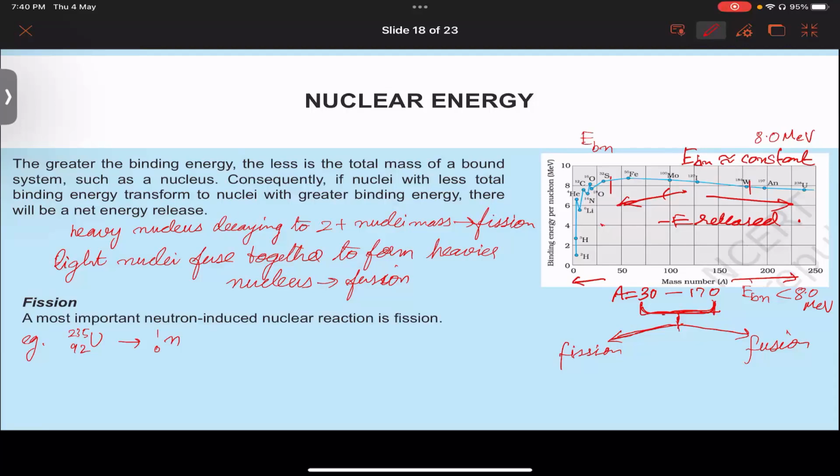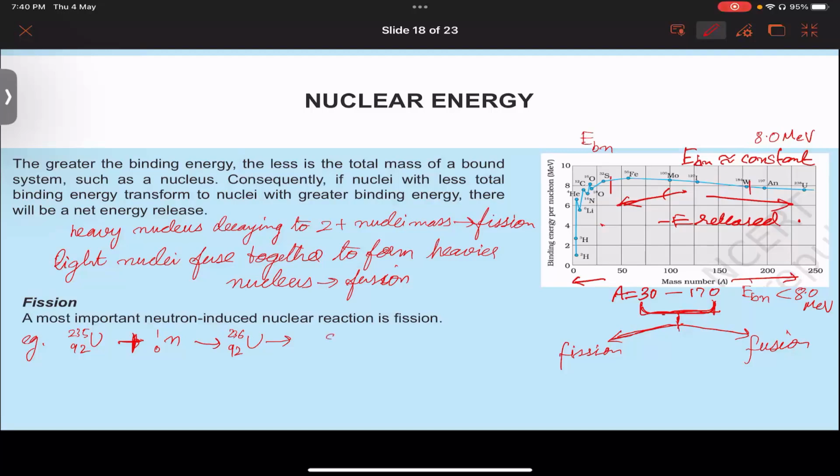What it gives out is 236, which in itself is unstable and radioactive, so it will start decaying.